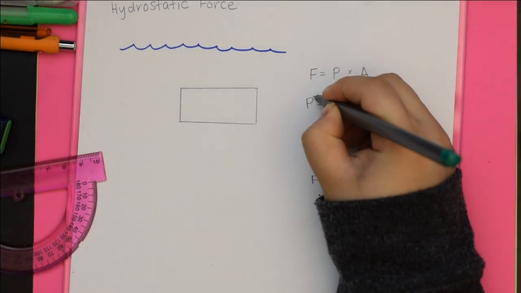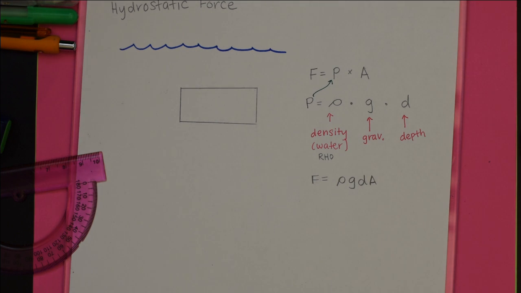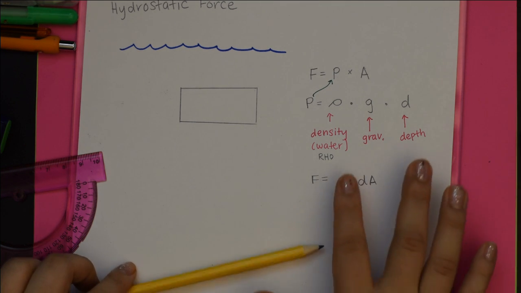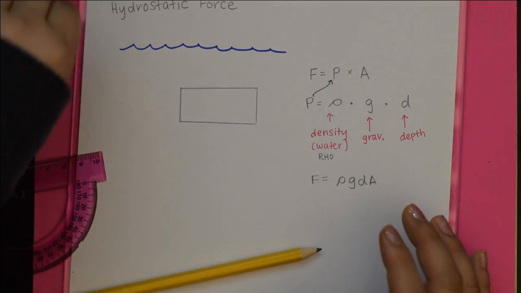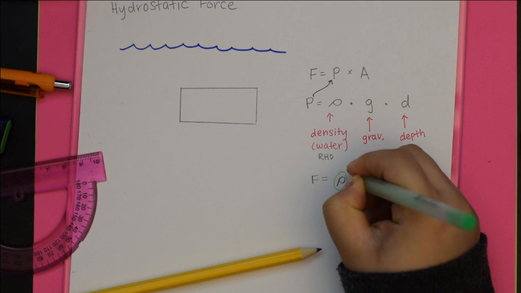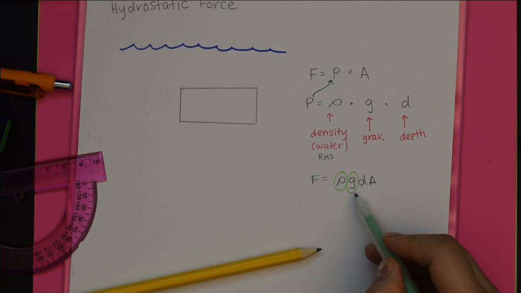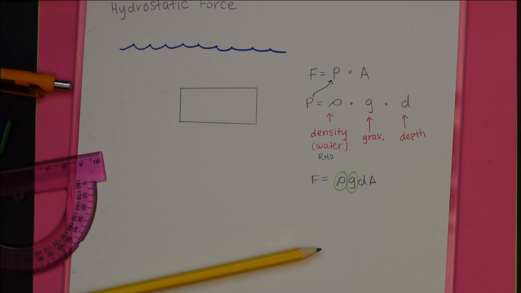So I just substituted this P into that. But rho is going to be constant. It just depends on your liquid, in this case water. G is our gravitational constant. So now we really need to work with D and A, the depth and the area.